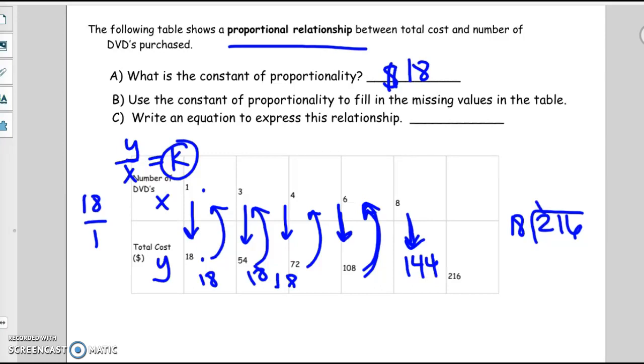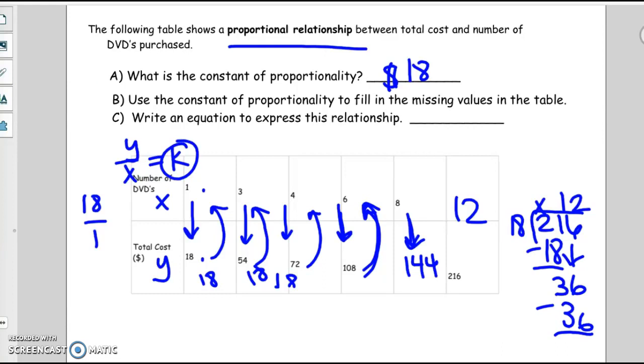So 18 can't go into 2, but it can go into 21 one time. 1 times 18 is 18. 21 minus 18 is 3. Bring down your 6. 18 goes into 36 2 times exactly. So the missing number is 12. So it's 12 DVDs cost $216.